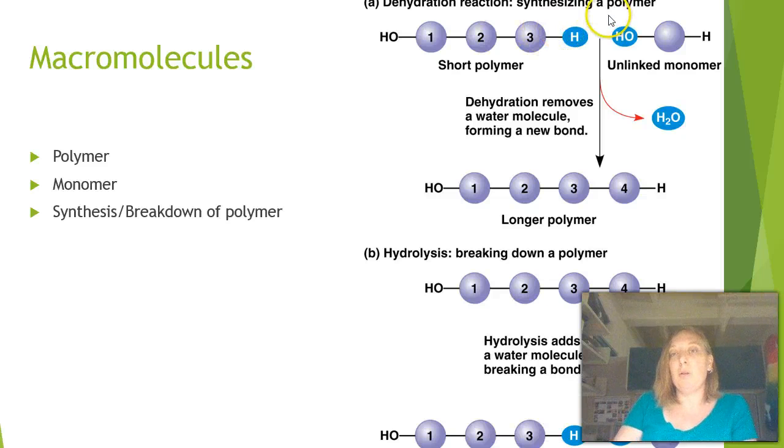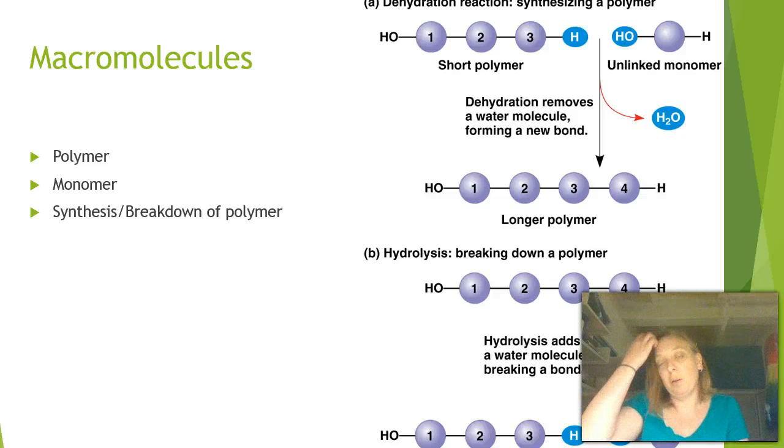Now the interesting thing about the synthesis of a polymer or the breaking down of a polymer is that we have to talk a little bit about chemistry. We talked about bonding, and how bonds form and break, in previous chapters. Now we're looking at how we actually synthesize a polymer. The first process is dehydration, meaning that we're taking away water, but when we think about it, we're actually making water.